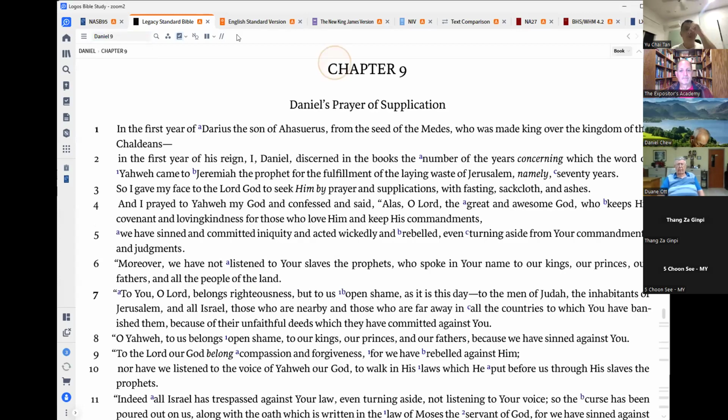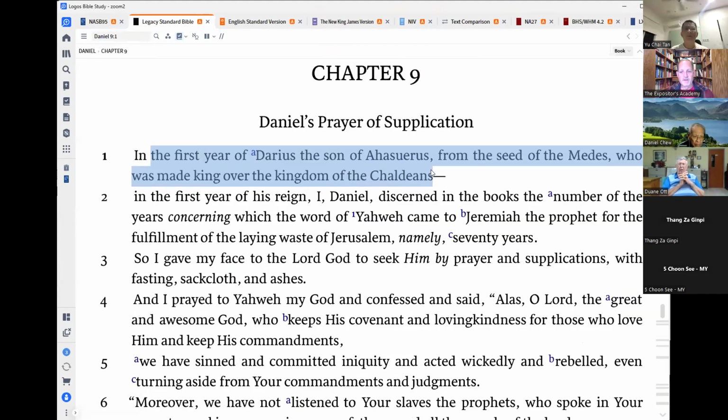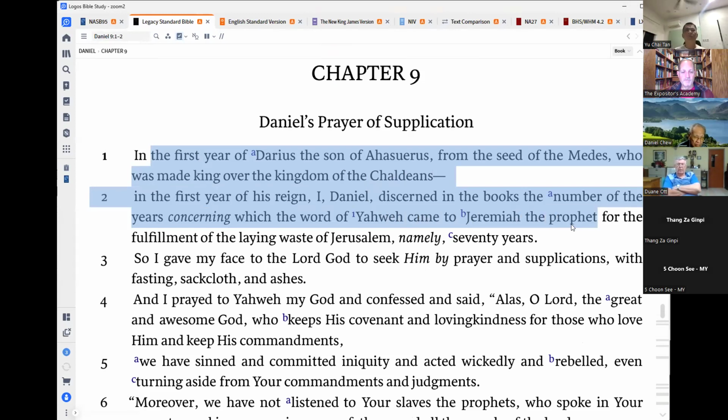Daniel 9, verse 3, I guess. Right. First year of Darius. I, Daniel, discerned in the books the number of years concerning which the word of Yahweh came to Jeremiah the prophet for the fulfillment of laying waste of Jerusalem, namely 70 years.